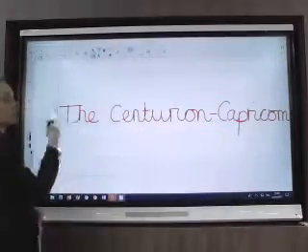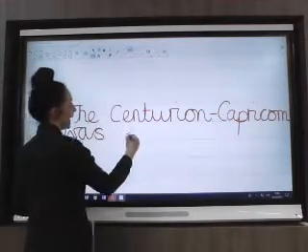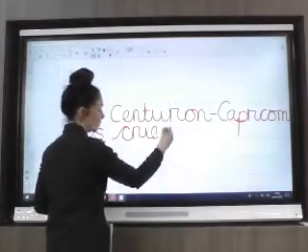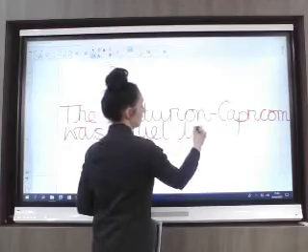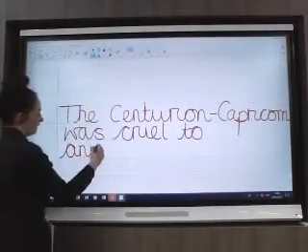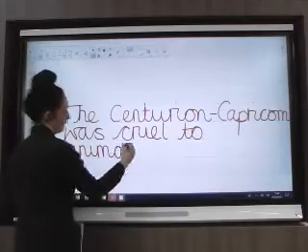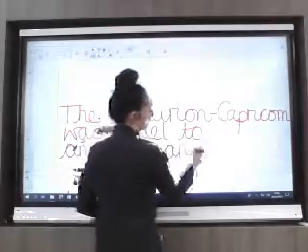Okay, so it says, so the centurion Capricorn was cruel to animals. It says he would have killed them, doesn't it? So he was cruel to animals, and executed them, and killed them.